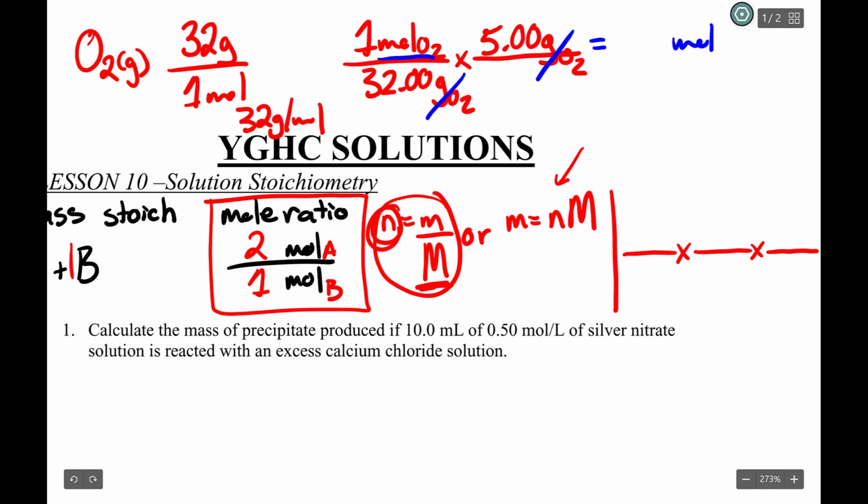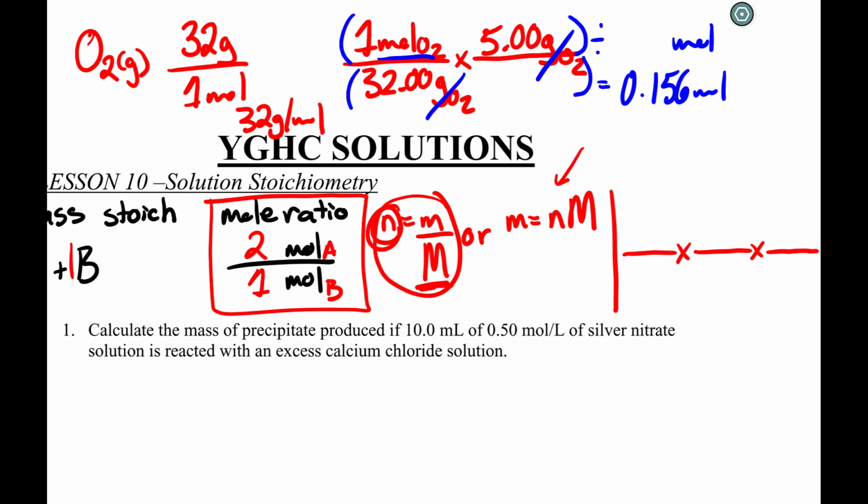And then I simply have to calculate the value. So it would be everything on top of the fractions divided by everything on the bottom of the fractions, and I get an answer. So this would simply be 1 times 5, which is 5, divided by 32, which is 0.156 moles.